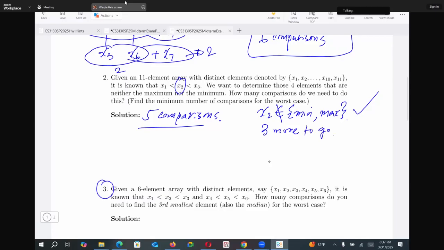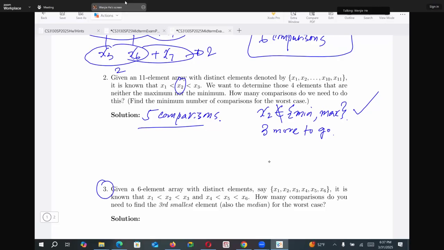When you find 3 more extra elements, you need to use the information in a careful, smart way. Some students didn't give me the best answer because they didn't consider the special information we already have.